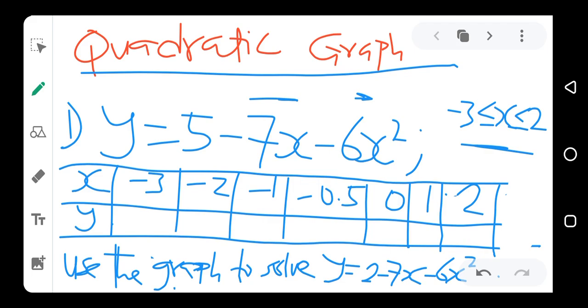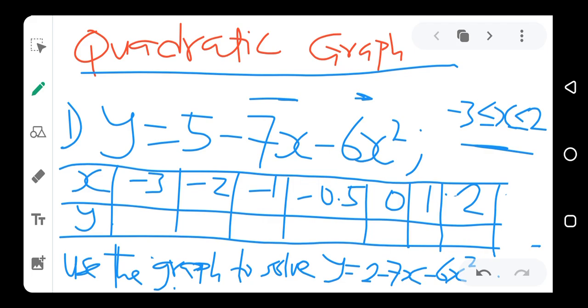And also, we've learned how to draw the graph, joining all the coordinates between x and y, and then we trace the curve. A quadratic equation always gives us a parabola, that is a curve, a shape that is curved.